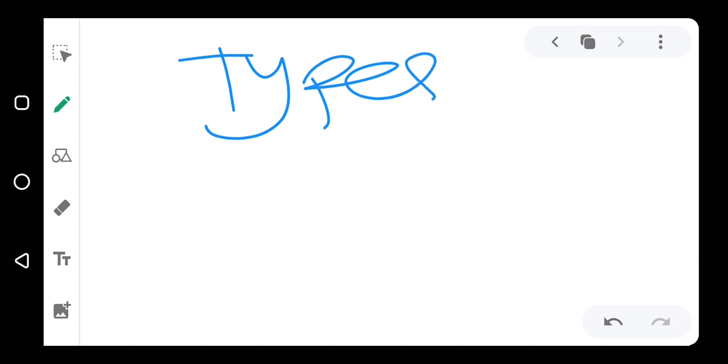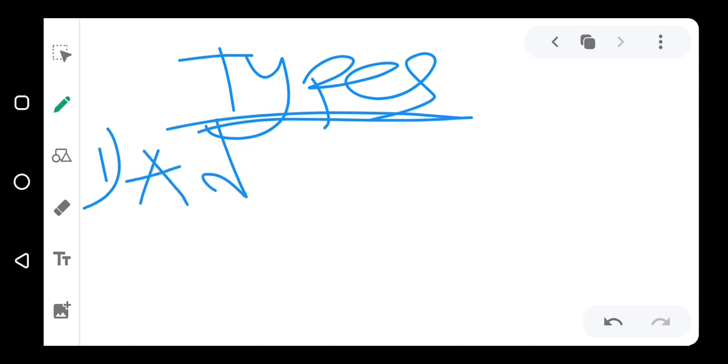We are going to be looking at adverbial clause of place.